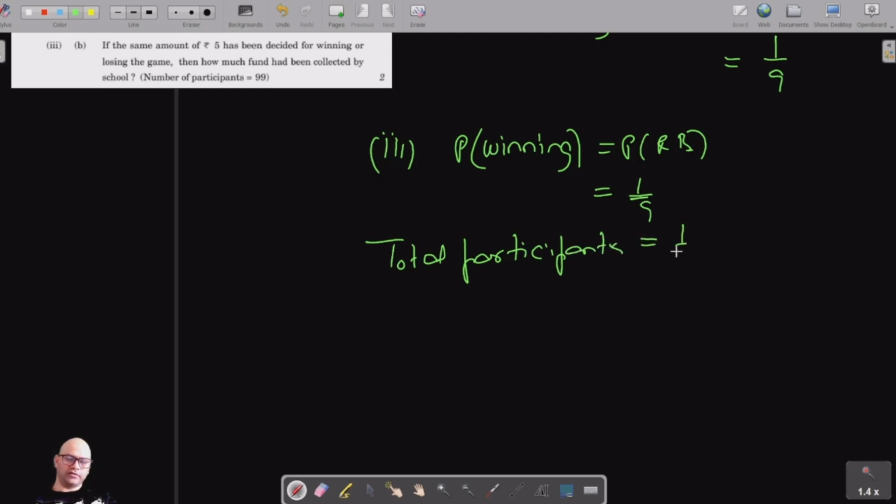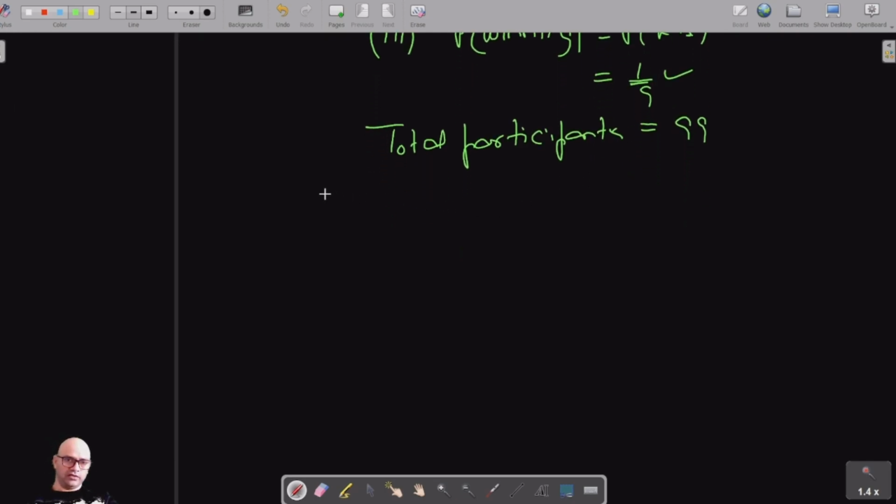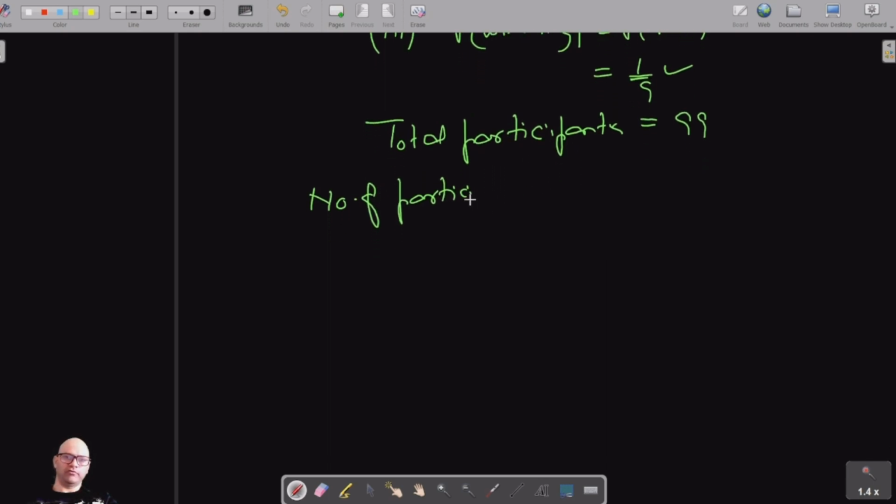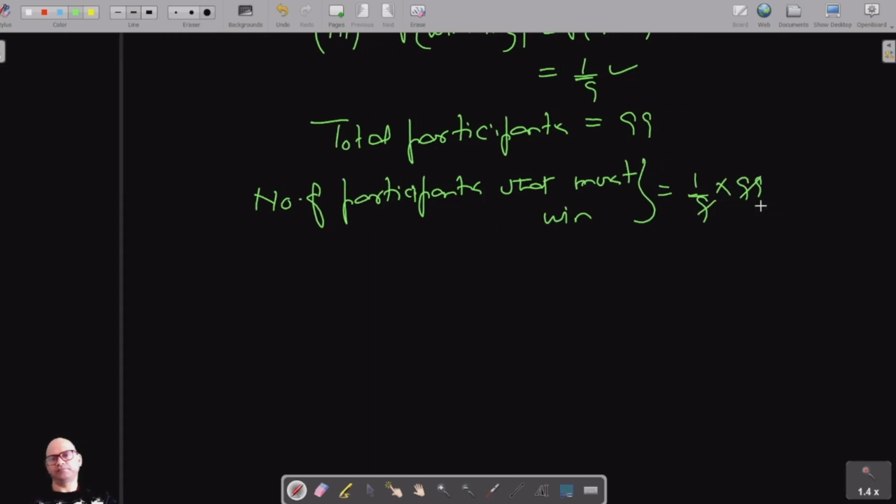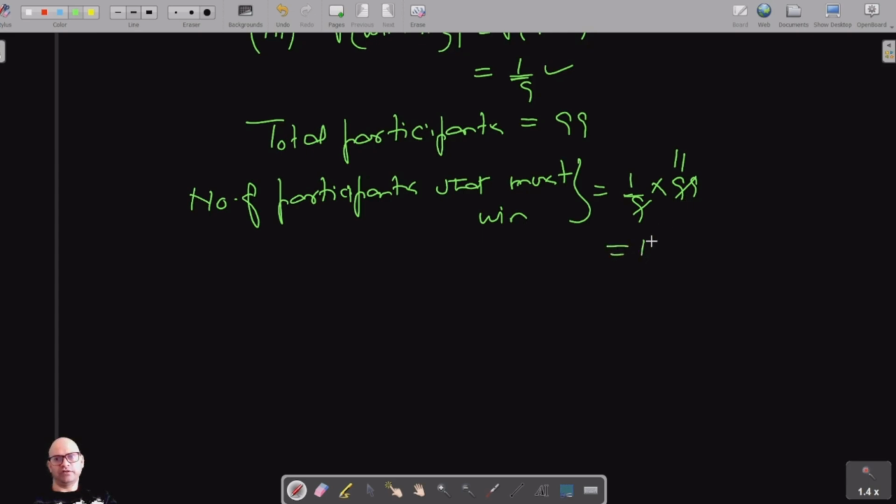Total participants are 99. Now, if total participants are 99 and the probability of winning is 1 by 9, then the number of participants that must win out of 99 will be the probability of winning multiplied by the number of participants, which is 11.